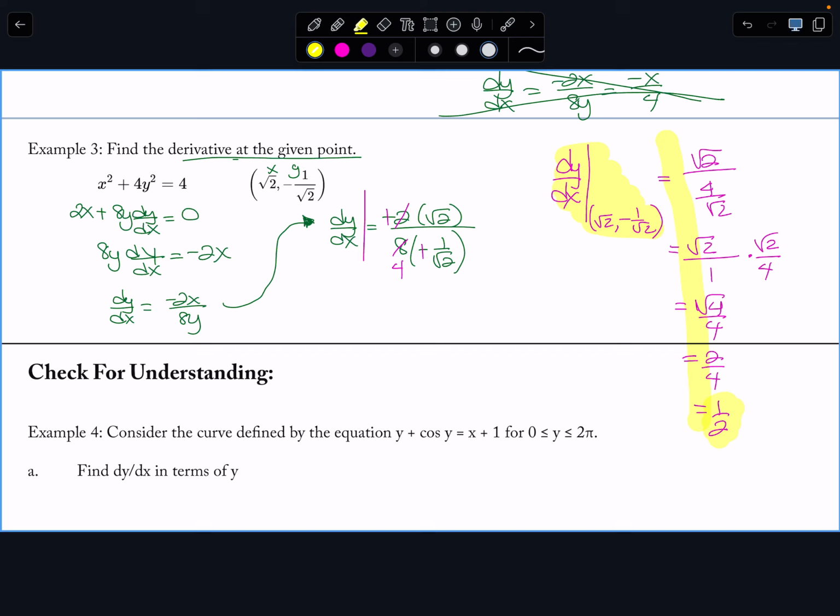Okay, ultimately, when I go to grade your guys' test, I'm looking for 1 point for you taking the derivative implicitly, 1 point for you getting dy dx, 1 point for you plugging in both your x and your y, and 1 point for your answer. That's how a free response would kind of go.